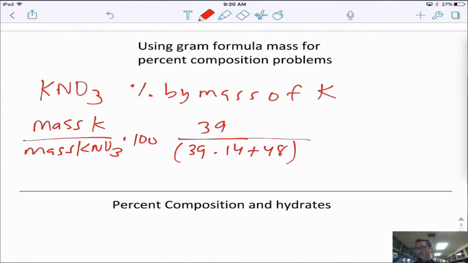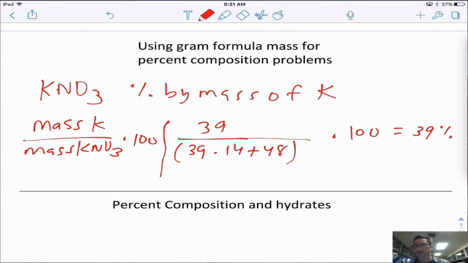And this would give us our total on the bottom, and then we would times this by 100. And so when we do this, we could get our total. So if we did 39 divided by 39 plus 14 plus 48, we would get 39%. So we would get around 39%.